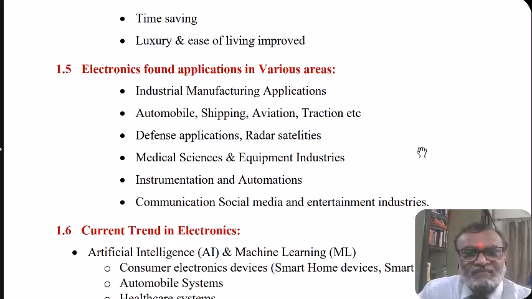Electronics found in various applications are listed here. Electronics is used in industrial manufacturing applications, automobile, shipping, aviation and traction applications, defense applications and radar and satellites, medical sciences and the equipment in instrumentation and automation systems.